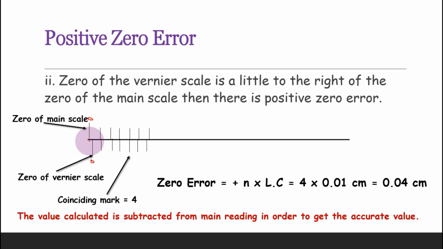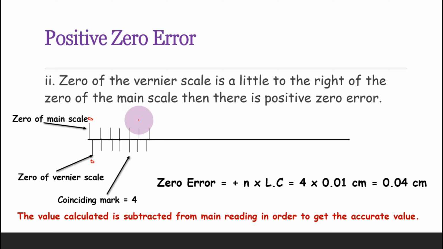So this much length will be an extra length, and we call it positive zero error. For example, in this case, how do we find out how much error will be caused in our measurement, which will be like an extra amount of length?